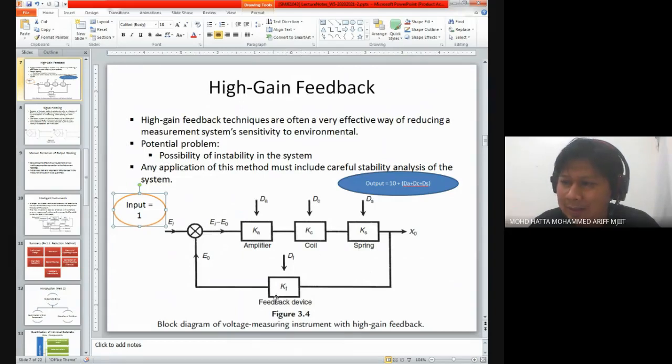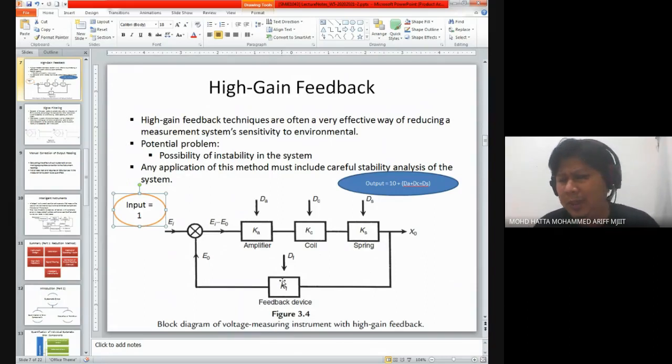So the selection of this feedback gain is also very crucial. If you choose a gain value that is too high, maybe yes, you can eliminate the disturbance. However, it will introduce another problem, which is that your system will become unstable. So there is a trade-off between the selection of feedback gain and your objective to reduce the effect of disturbance.